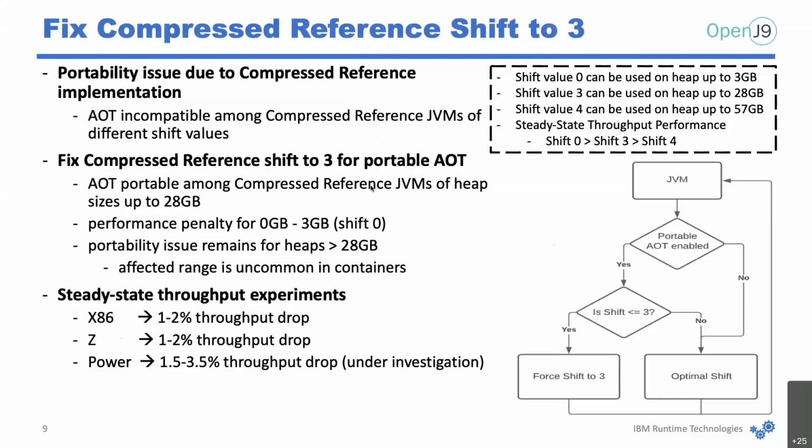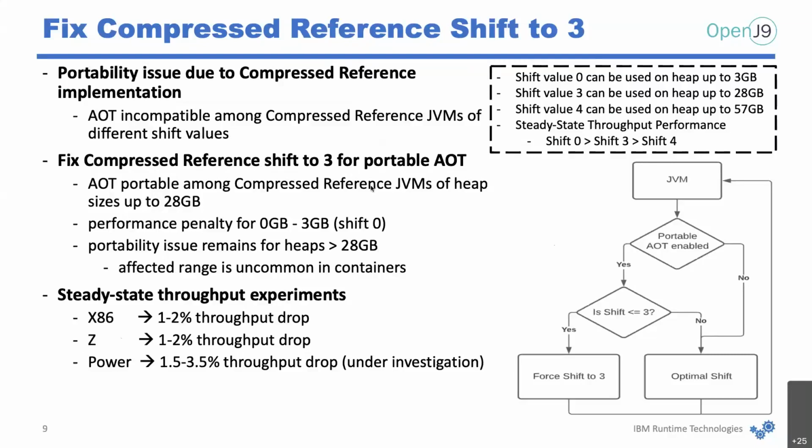Fixing OJVM to shift 3 will allow heap sizes up to 28 GB to share AOT code with each other. The downside of the solution is we have a performance penalty for JVMs with heap size under 3 GB, because originally heaps under 3 GB can use shift 0, but we're forcing it to use shift 3 now.